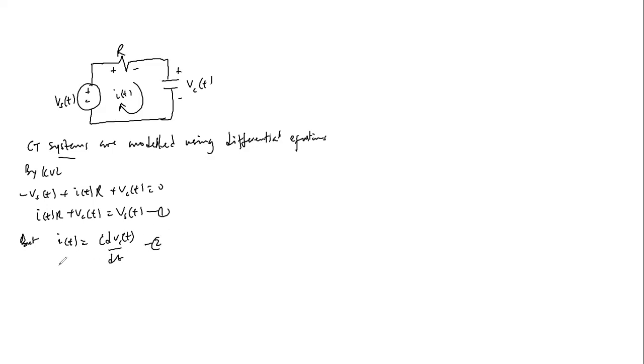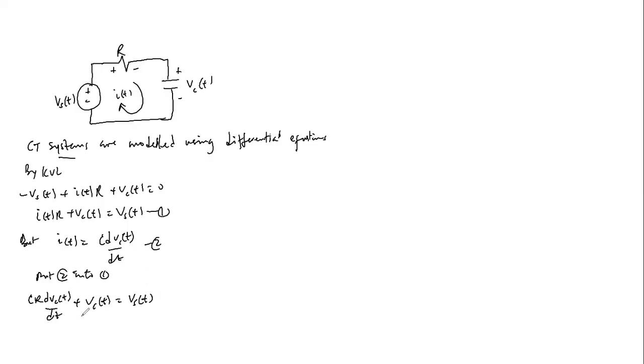If we put the second equation into the first, what do we get? So I will get C R dVc over dt plus Vc of t is the same as Vs of t.